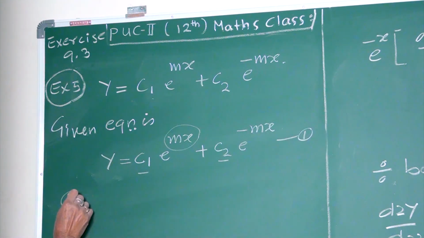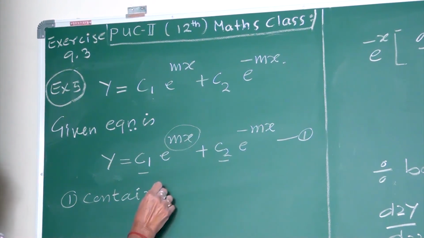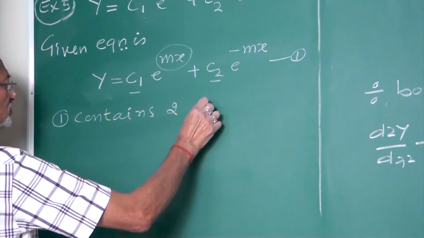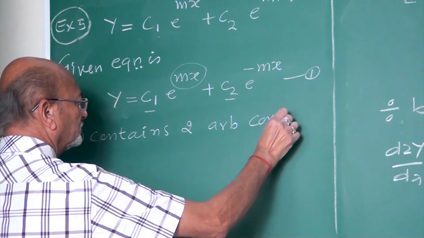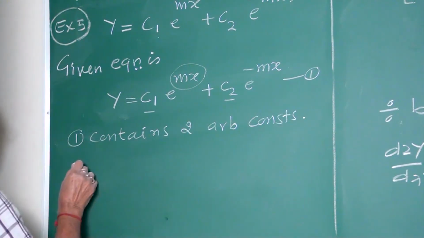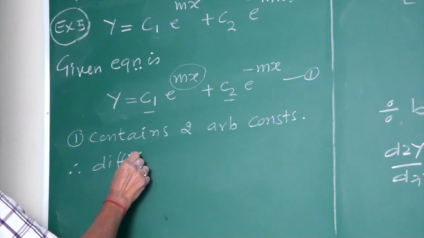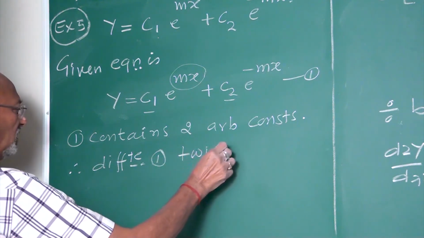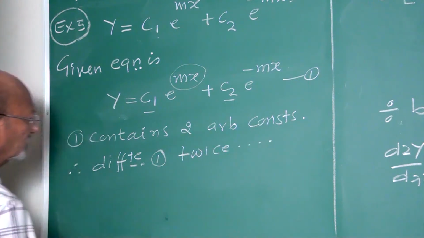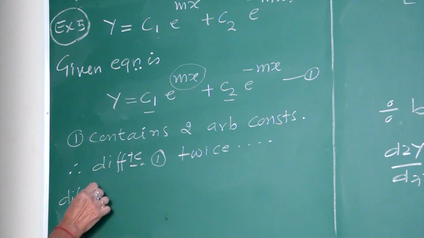It contains 2 arbitrary constants. Therefore, differentiate 1 twice with respect to x. First time, differentiate 1 with respect to x.